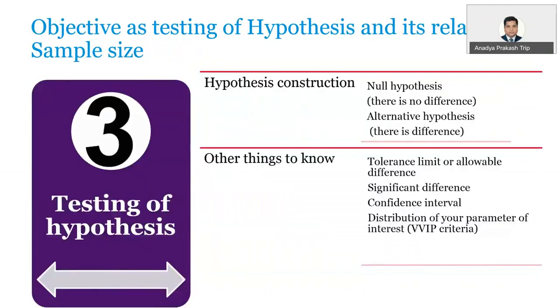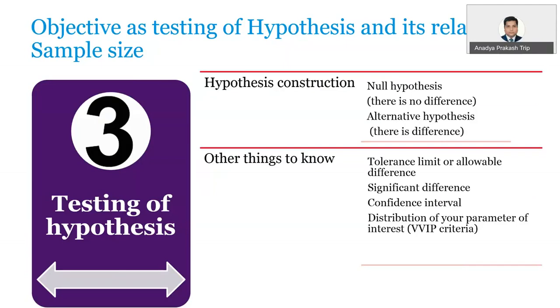Now, moving ahead to hypothesis testing, the third pillar of our framework. In hypothesis testing, definitely we know something about the parameter and we have our own hypothesis on that. And then we want to test whether my own knowledge is correct or wrong. So when constructing the hypothesis, there is a null hypothesis and an alternate hypothesis.